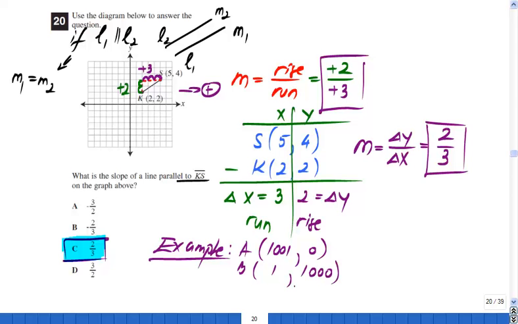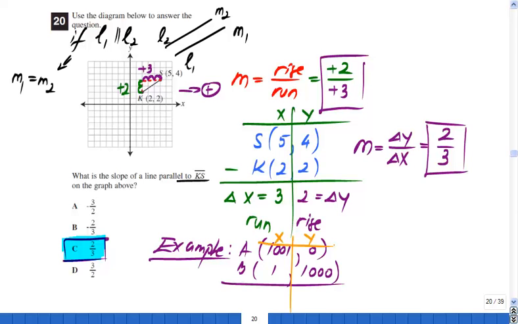Now, look at your graph here. There's no way for you to go on the graph and count 1000 steps and so on. So the best way is to do the differences like we've done here.